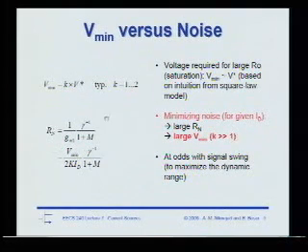So the way to lower the noise of this current source is to operate at a large V star. But of course, that eats into your voltage headroom, so you have a trade-off here. If you want low noise, you're going to have to live with low voltage headroom. Okay?